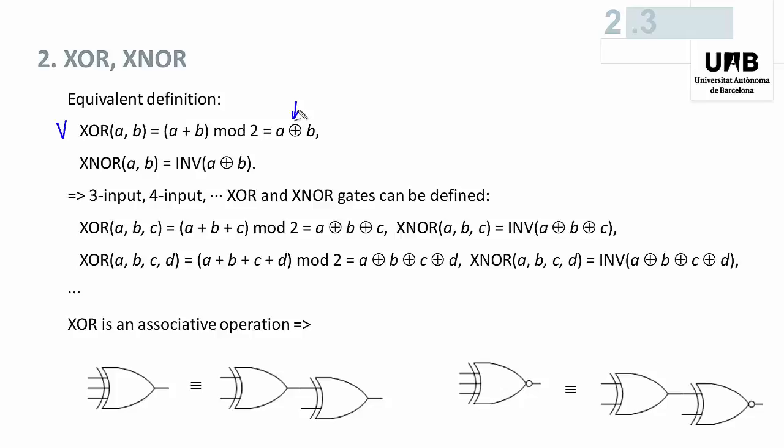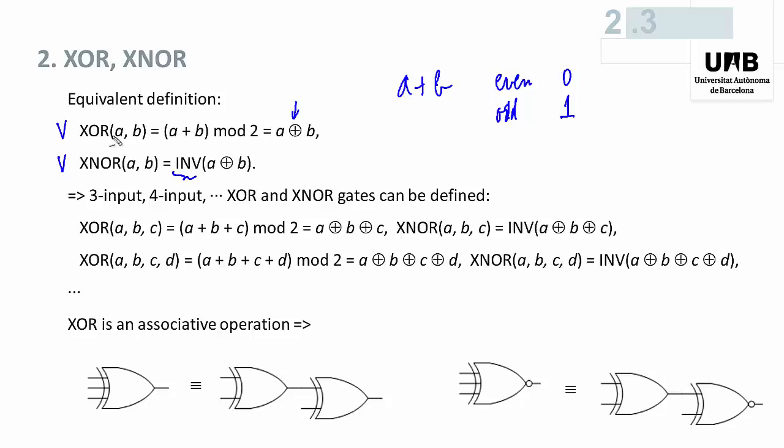Modulo 2 means that you compute the real sum of A and B, and then you reduce the obtained result to 0 if the result is even, and to 1 if the result is odd. So A plus B: if the result is even, then the XOR function of A and B is equal to 0. If the result is odd, then the XOR function is equal to 1. The XNOR function of A and B is the inverse of the XOR of A and B.